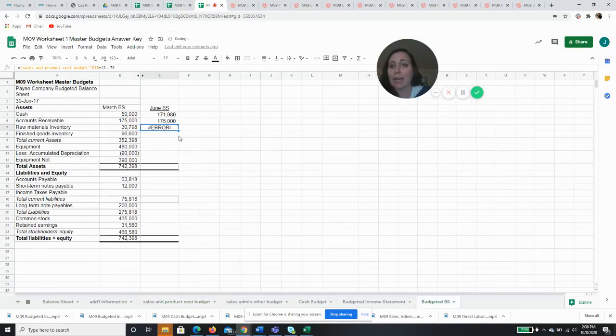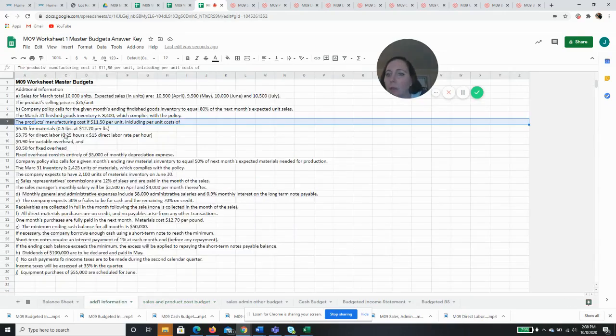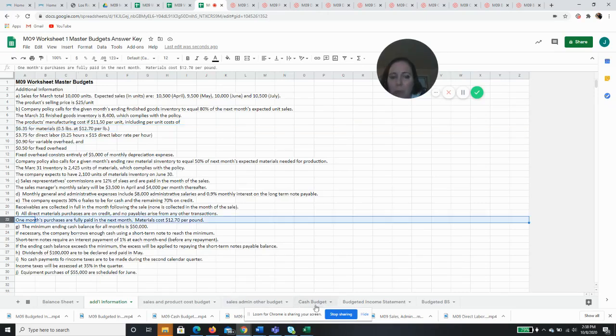That gives 26,670. You're like, where did you get this 12.70? Right here. That's how much we were paying per unit. It also told us right here, and somewhere else too. It wanted to tell us that all the time, 12.70 per pound.